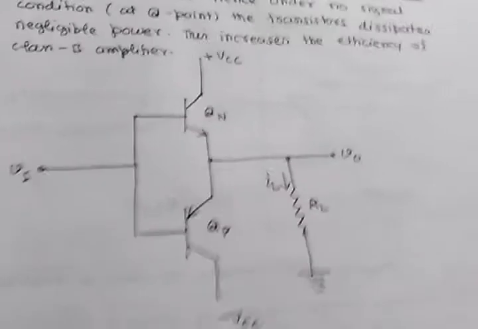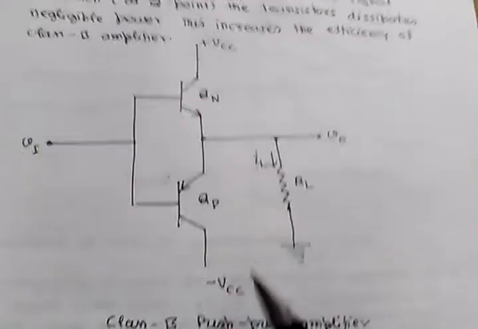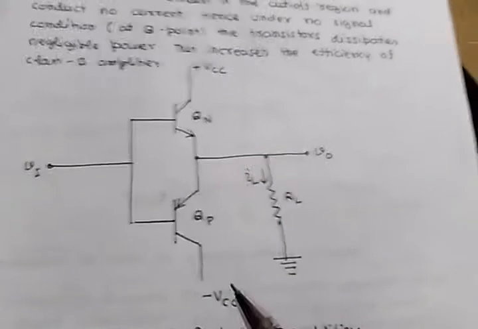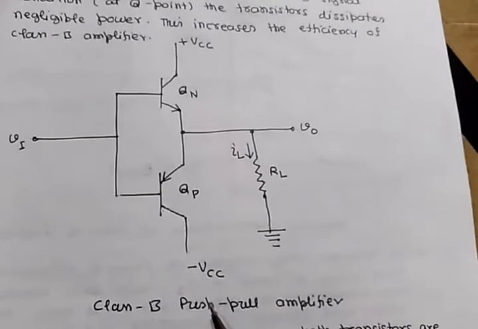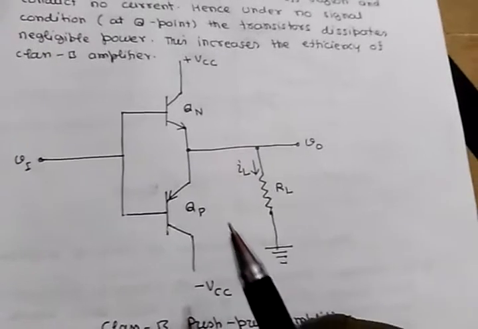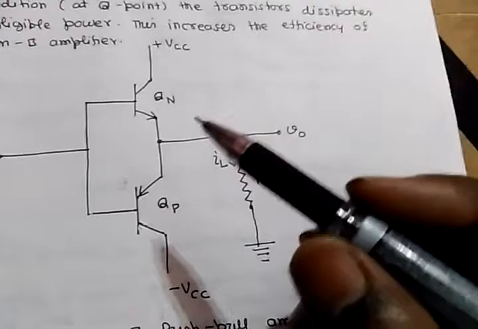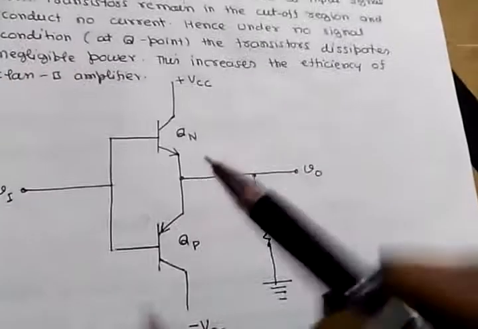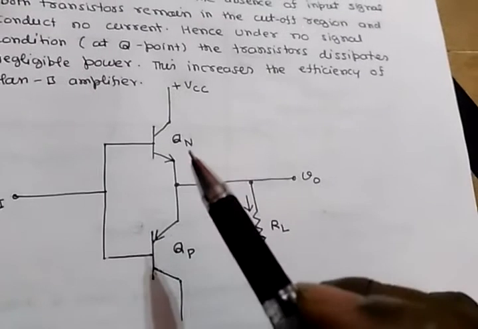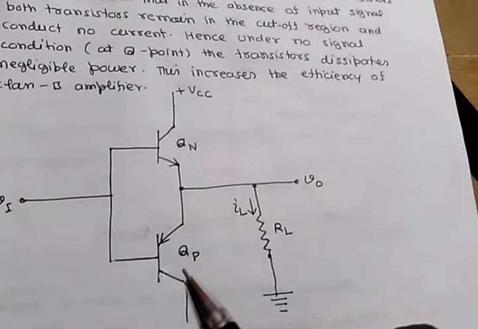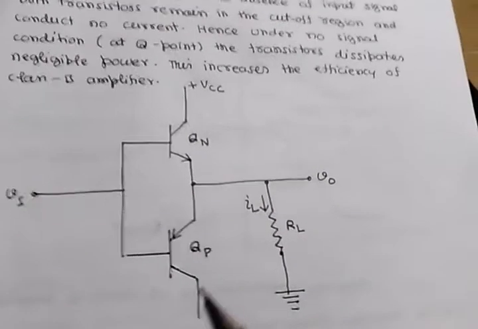This figure shows Class B push-pull amplifier. In Class B push-pull amplifier, two transistors have been used. QN is the NPN transistor and QP is the PNP transistor.